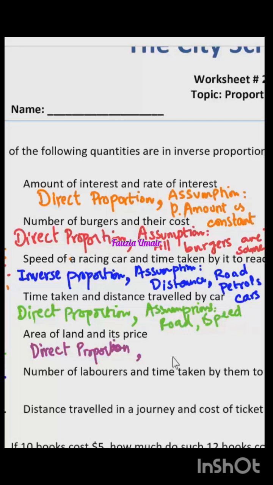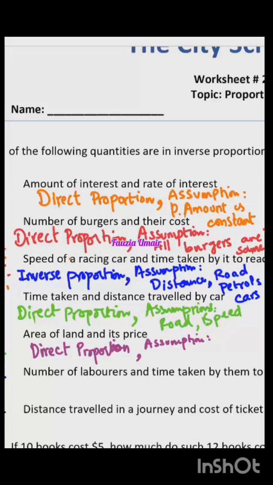So what would be the assumption? This is very interesting. What would be the assumption in this case? Yes Hisham. Land. Anyone else? Land, meaning by? Hashim, you want to say something, beta? The shape of land.